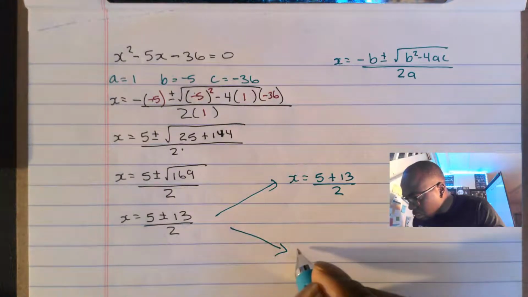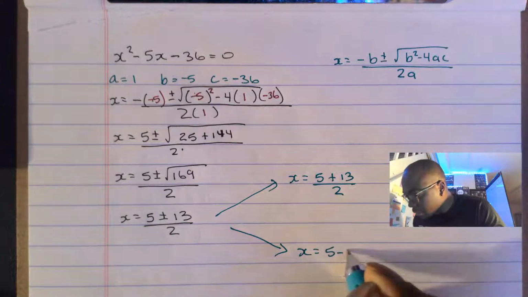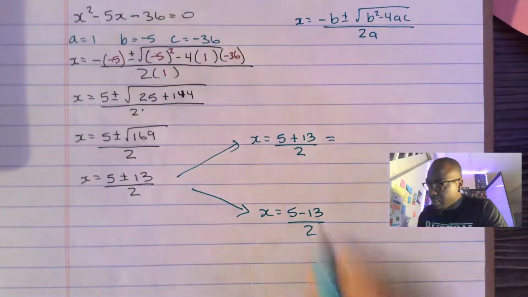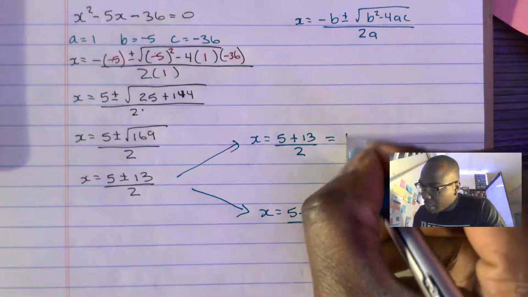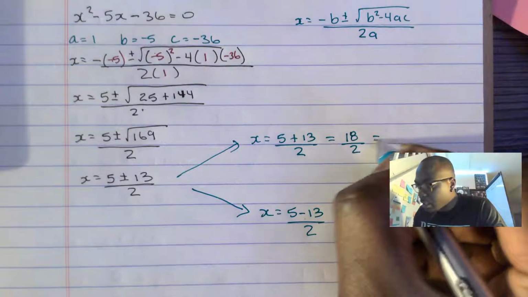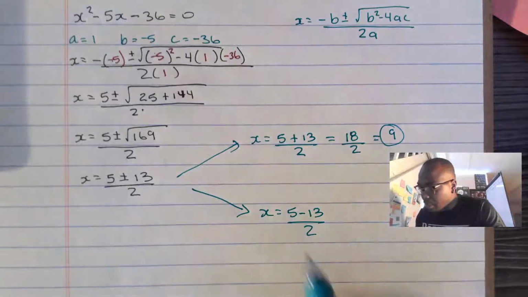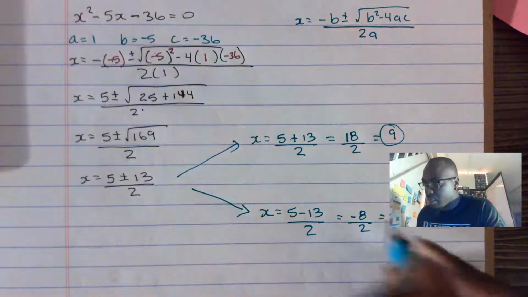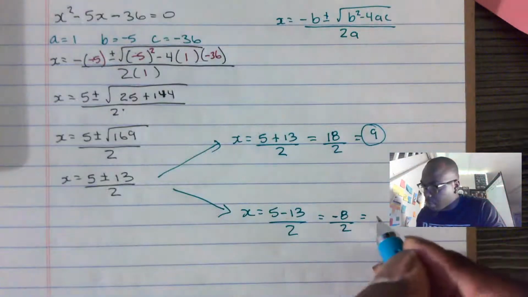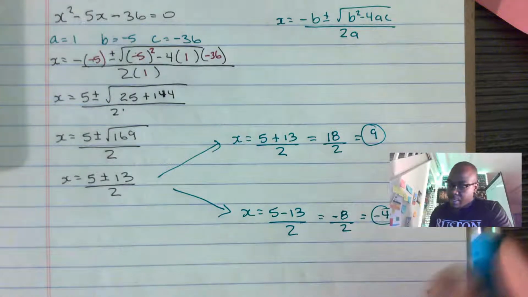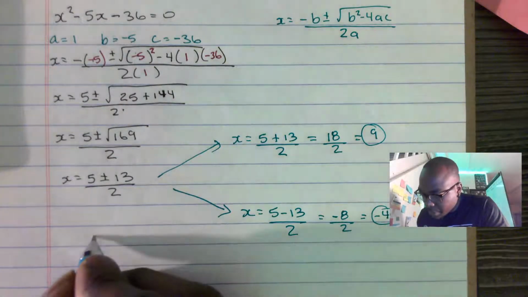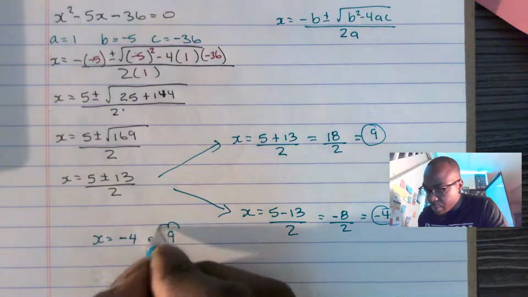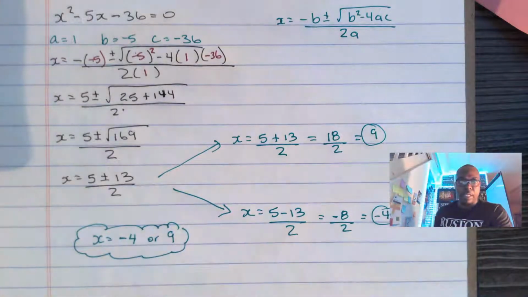Option 2, x equals 5 minus 13 over 2. Here we have 5 plus 13, which is 18, divided by 2, which is 9. And here we have 5 minus 13, which is minus 8 over 2, which is minus 4. So my answer here is x equals -4 or 9, and that's my answer for the first part.